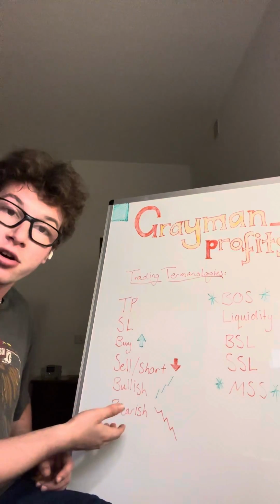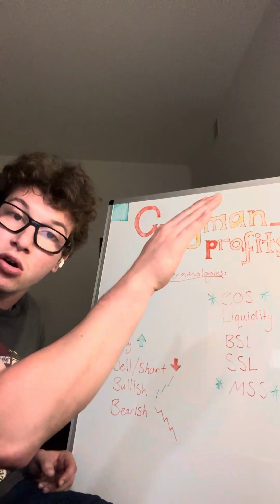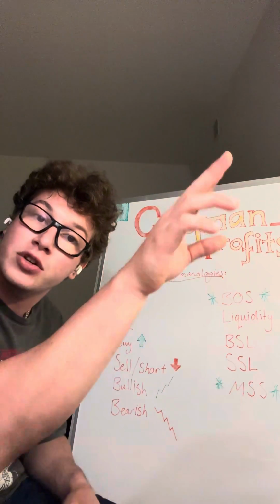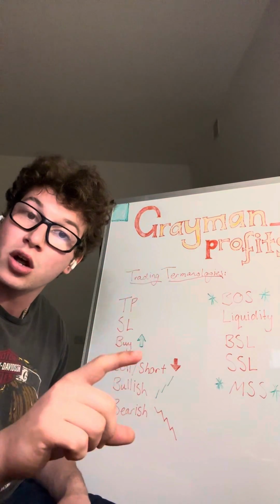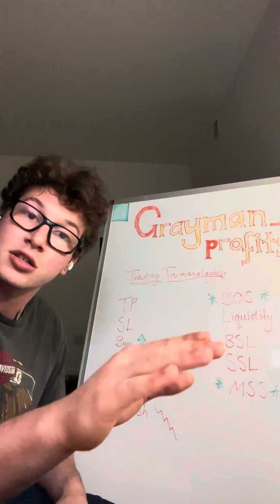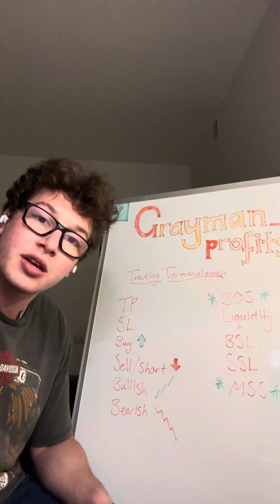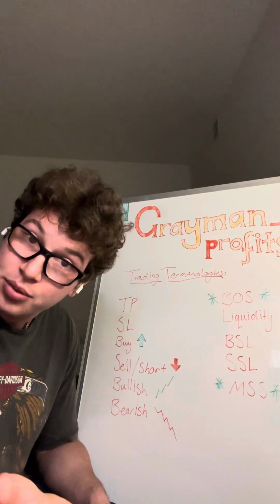Additionally, bearish is where the market is mostly shorting, meaning that the value of it is going down, and it will often go in slight peaks, meaning lower highs and lower lows as it goes to where it needs to go. It's very rarely that you see a price just drop straight off, unless you're working in crypto, but that's a different video.